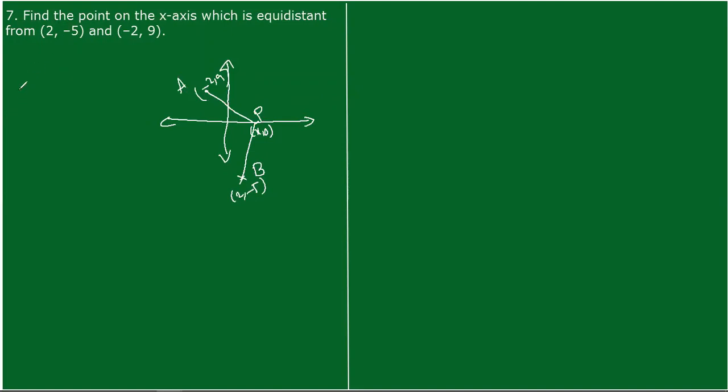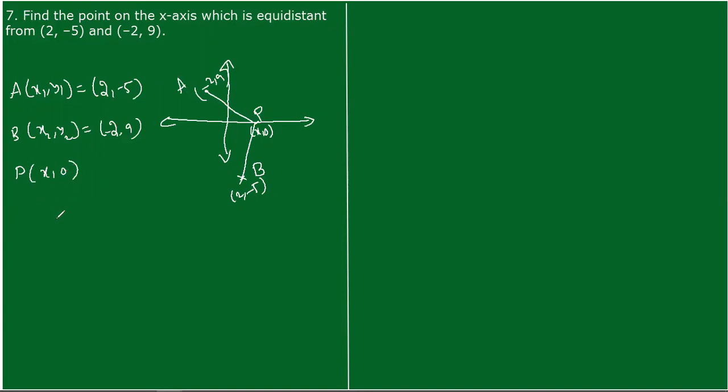So we should write the points. A is (x1, y1) equal to (2, -5), B is (x2, y2) equal to (-2, 9), and P is (x, 0).